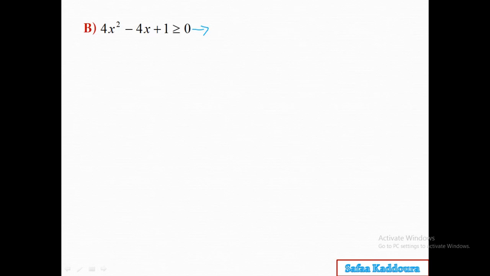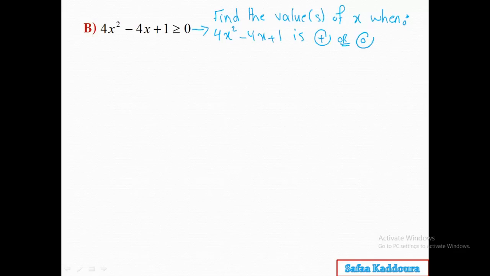It means solve, find the value of x when 4x squared minus 4x plus 1 is positive or 0. I only want the values of x when this function is positive or 0, greater than or equal.